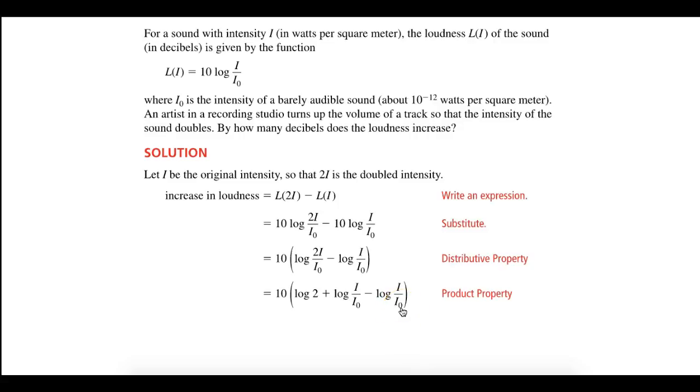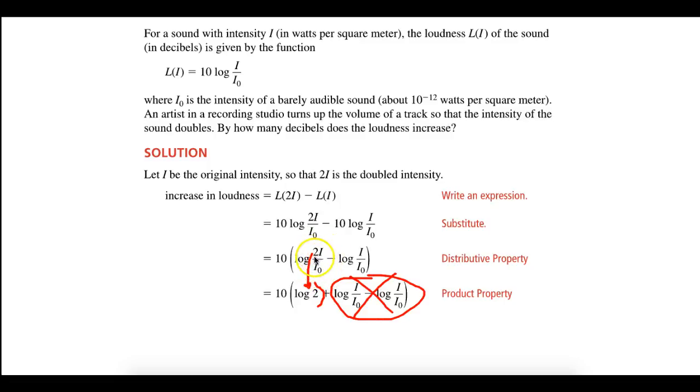The nice thing right here is that these 2 have canceled out. Log I over I initial minus log I over I initial will cancel. And now we're just left with 10 times the log of 2. We were able to get this because this 2 is what factored out of the log of 2 times I over I0.